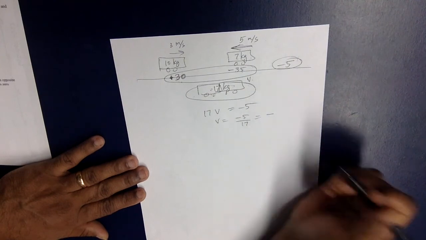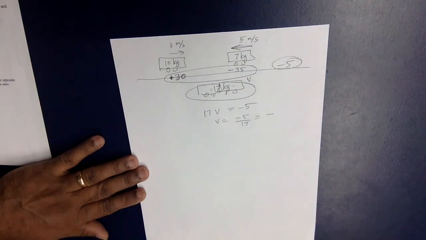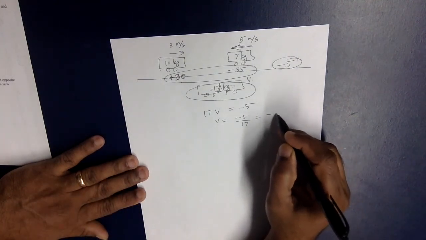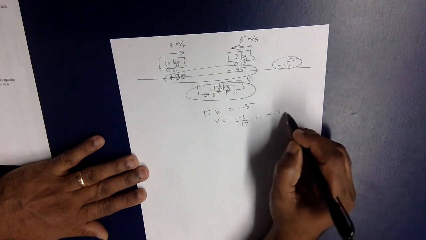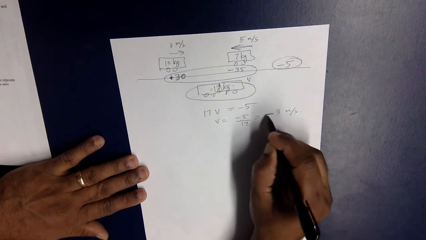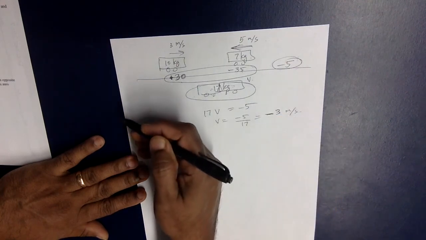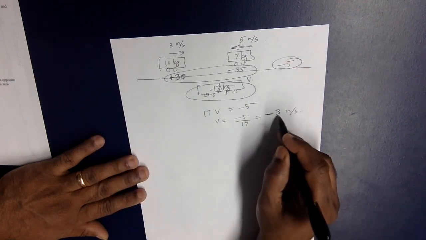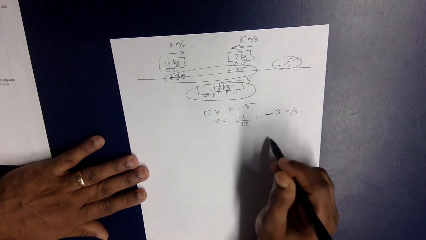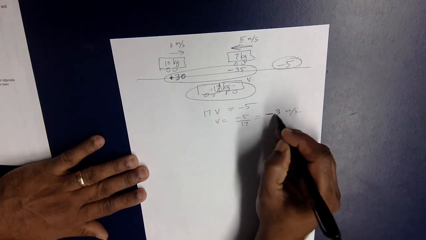So it will be a negative answer, negative approximately 3, negative 3 meters per second. Now what does the negative sign tell you? Negative sign tells you that it's going backward to the left, and 3 tells you how fast it is moving. Oh, sorry, it's not 3, it's 0.3.